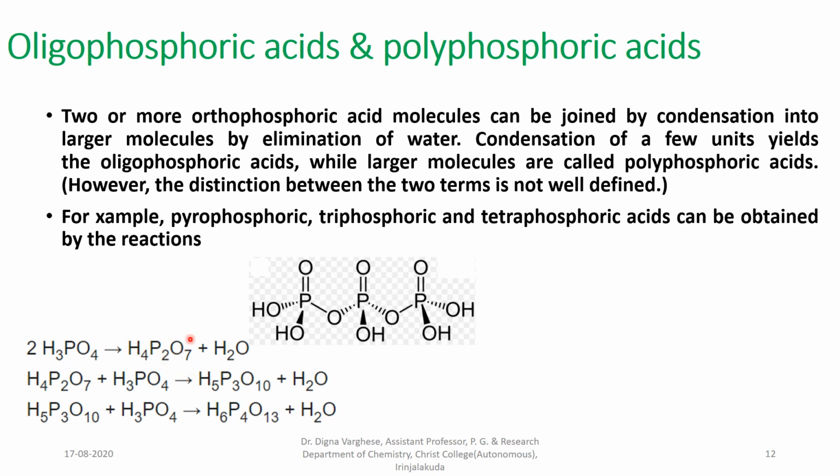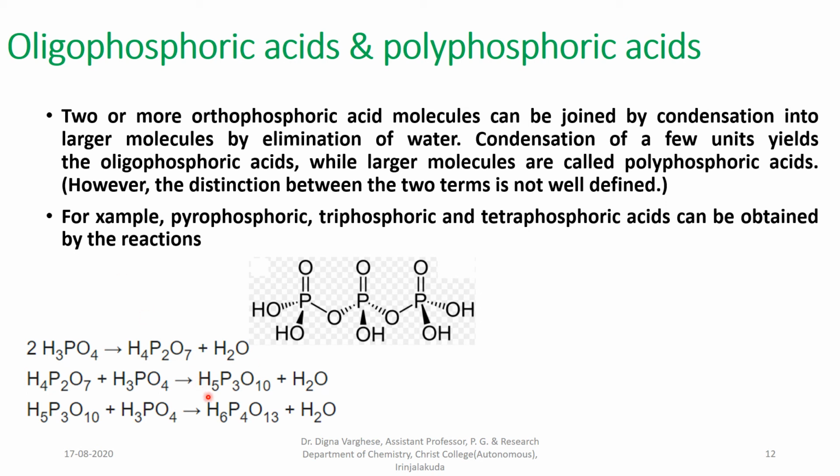Pyrophosphoric acid, when treated with water, gives orthophosphoric acid. Pyrophosphoric acid treated with phosphoric acid gives triphosphoric acid with the elimination of water. That is a simple condensation reaction. And here the triphosphoric acid reacts with orthophosphoric acid to give tetraphosphoric acid with the elimination of water.